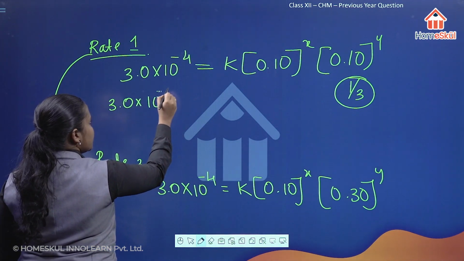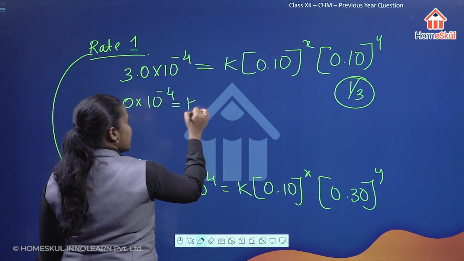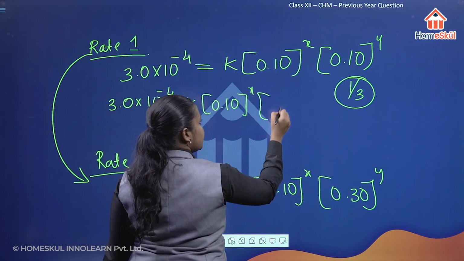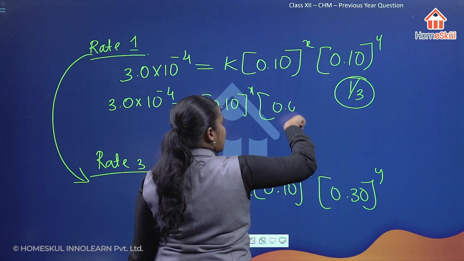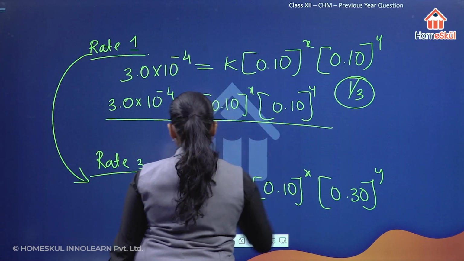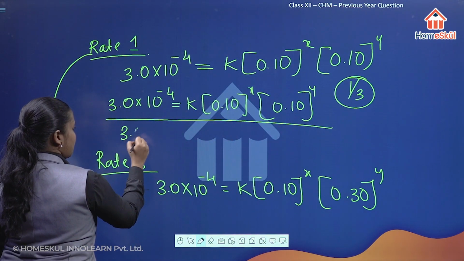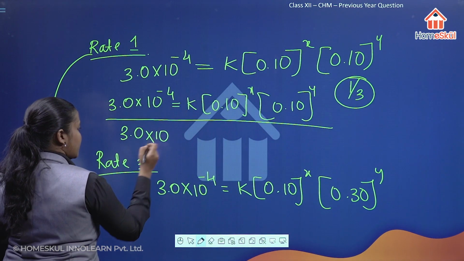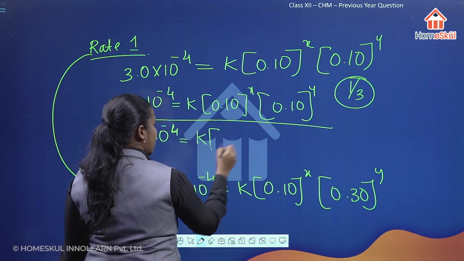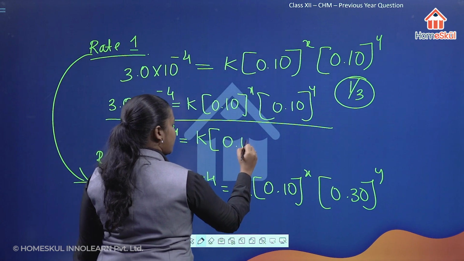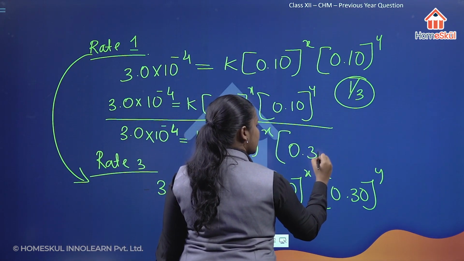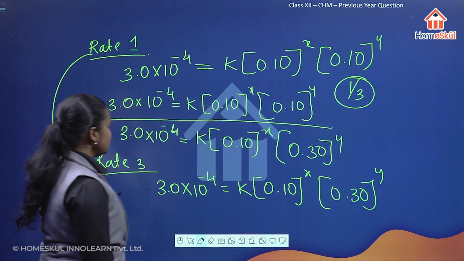Here we can see 3.03 into 10 raised to minus 4 equal to k into 0.10 raised to x into 0.10 raised to y, divided by 3.0 into 10 raised to minus 4 equal to k into 0.10 raised to x into 0.30 raised to y.